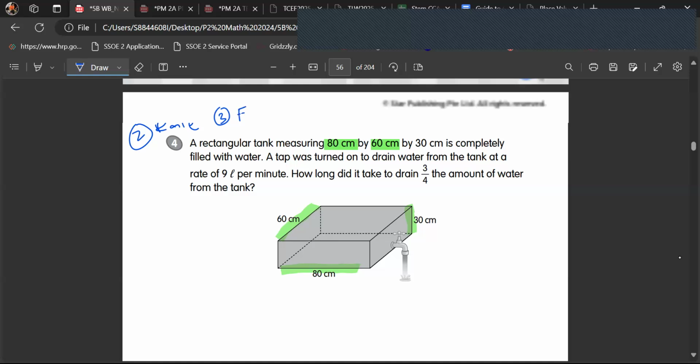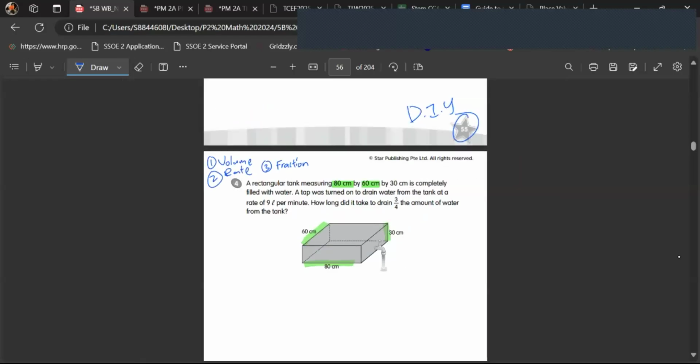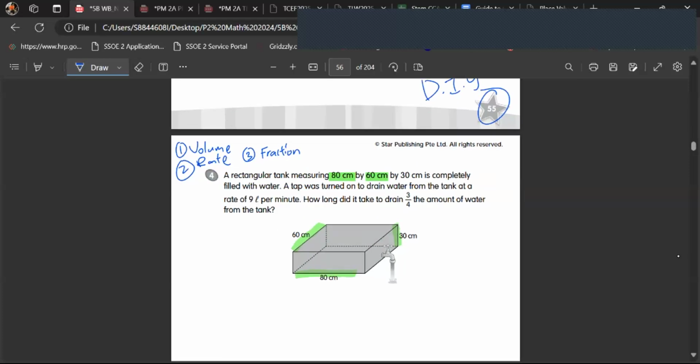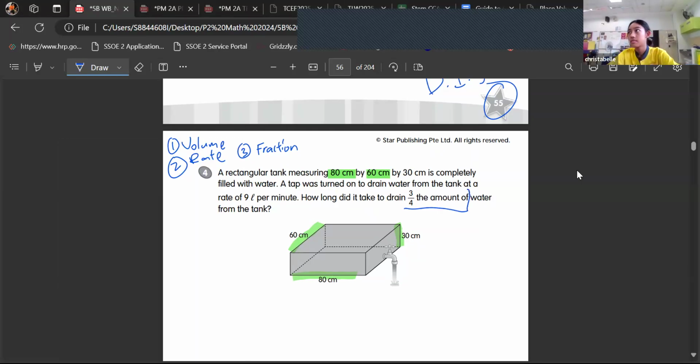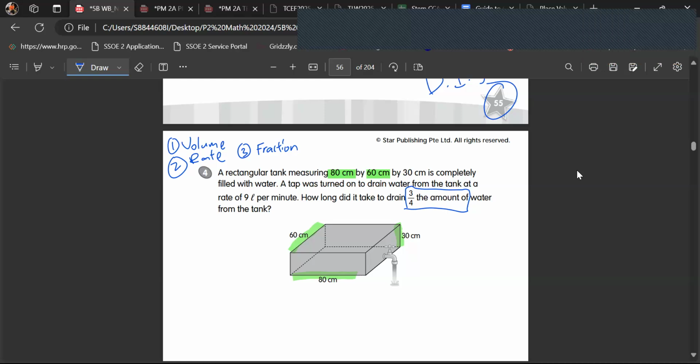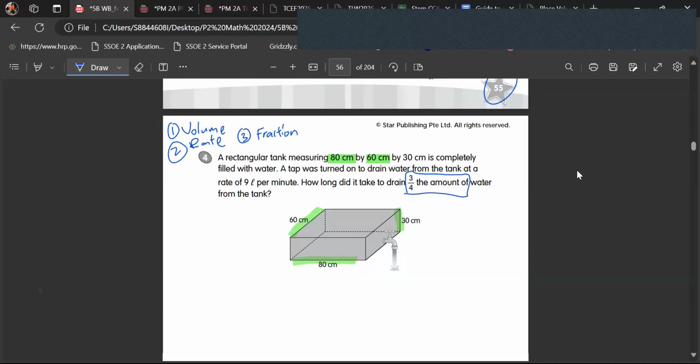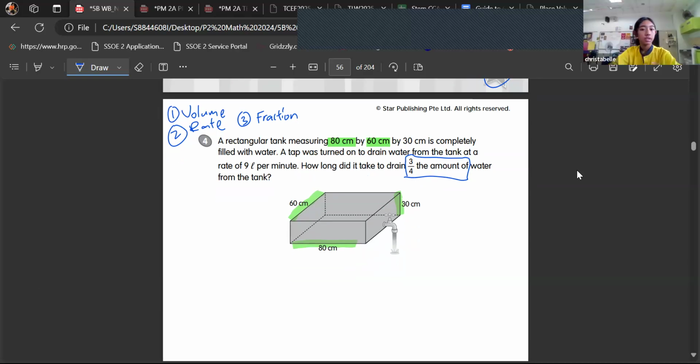Some of us are very fearful of the fraction. And then you have to break some more. So there are these three things that I need to note.